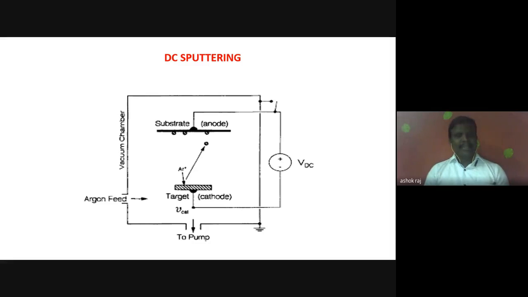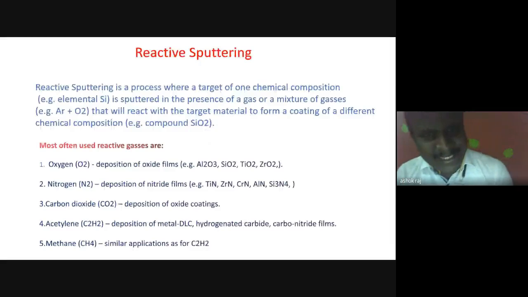The next sputtering process is reactive sputtering. Reactive sputtering is a process where a target of one chemical composition, that is silicon, is sputtered in the presence of a gas mixture, that is argon plus O2, that will react with the target material to form a coating of a different chemical composition, like silicon oxide.